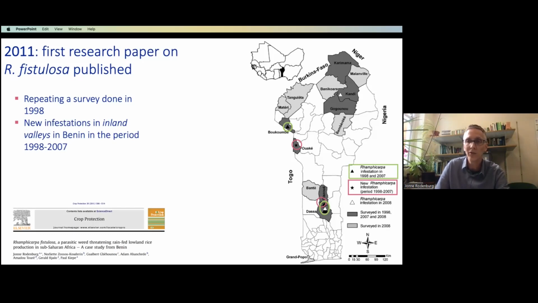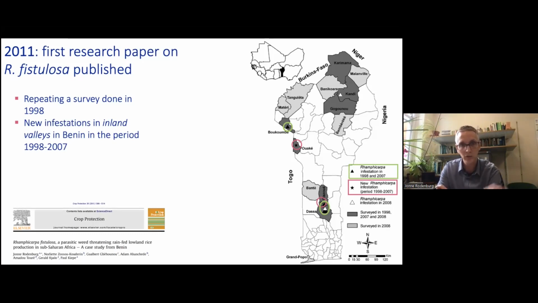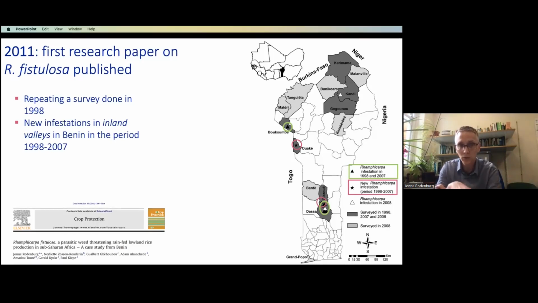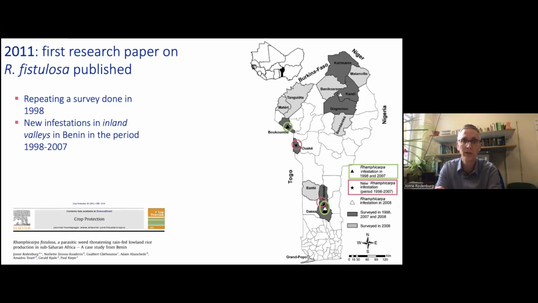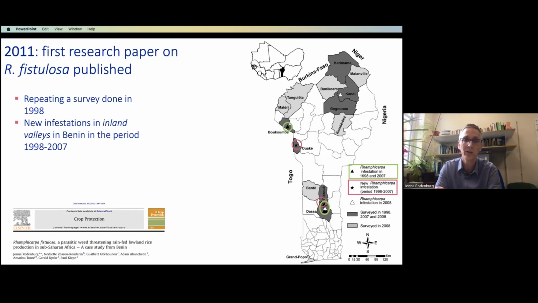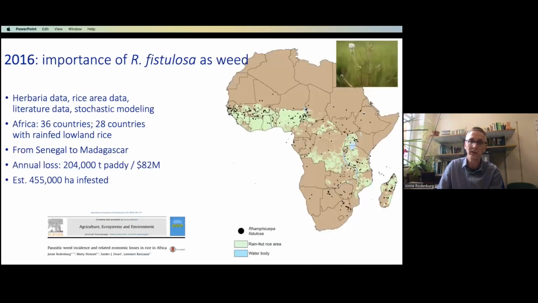We found that among the inland valleys surveyed in 1998, there were some in 2007 that were newly infested, that were not infested before. That was a clear indication that indeed this parasitic weed was spreading.